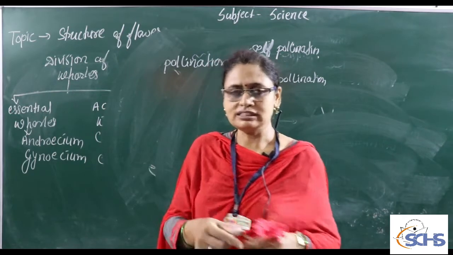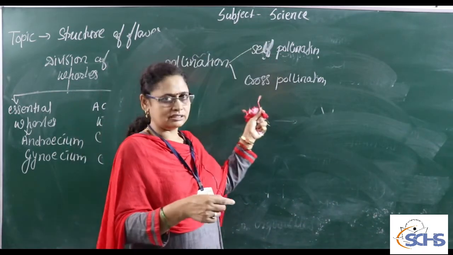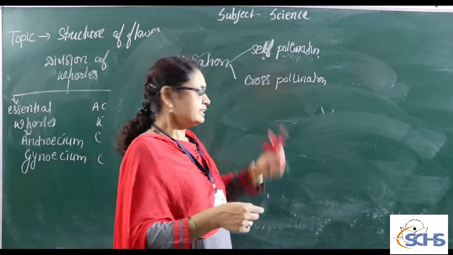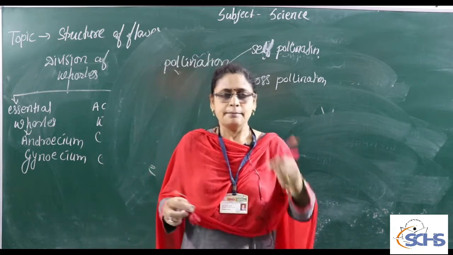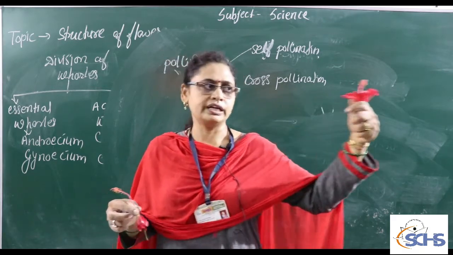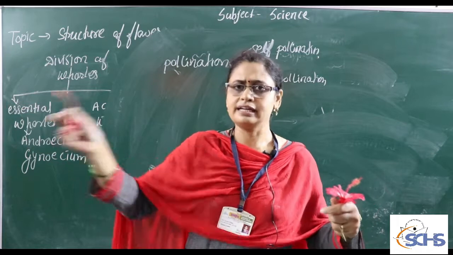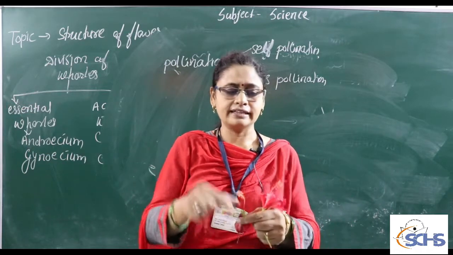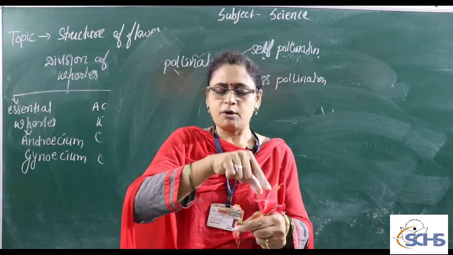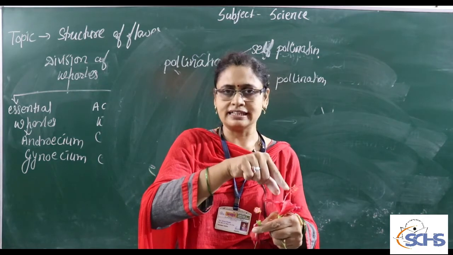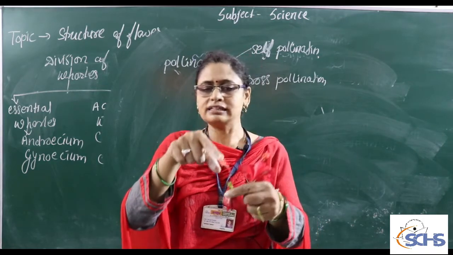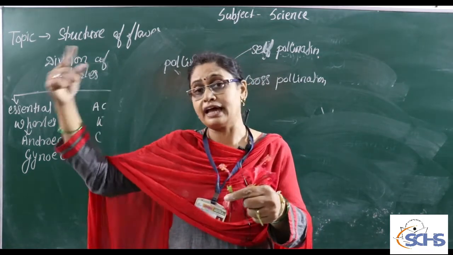And what is the meaning of cross pollination? The second one is cross pollination. In cross pollination, what can we see? Maybe this flower is born on one plant and this one is on another plant. After that, the pollen grain of this anther is transferred to the other flower that is born on another plant.